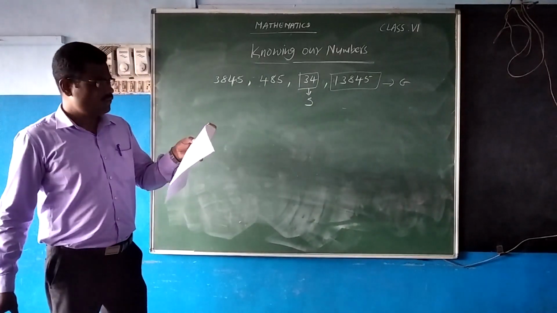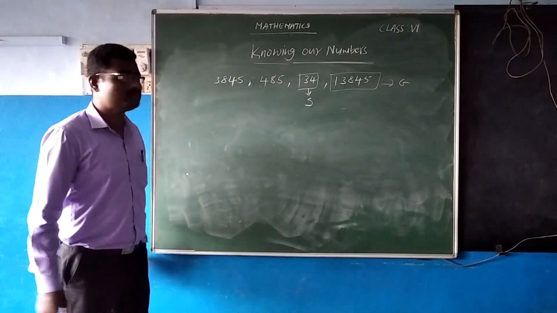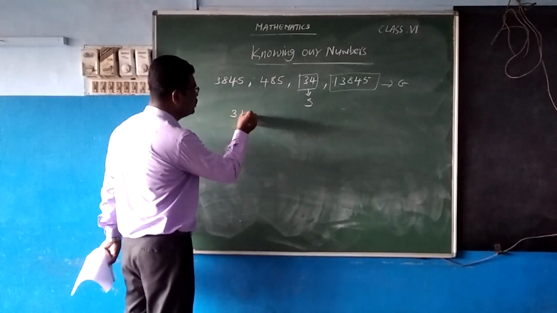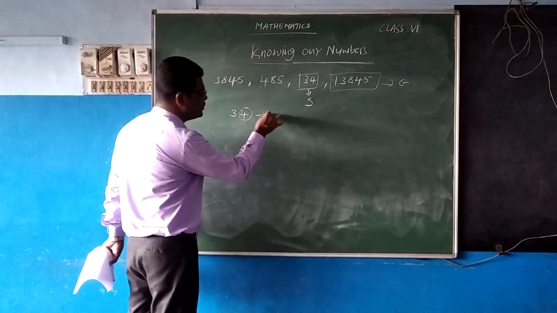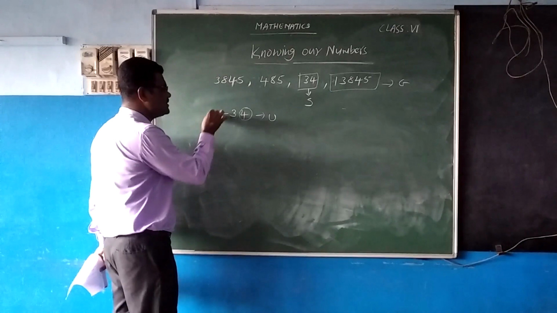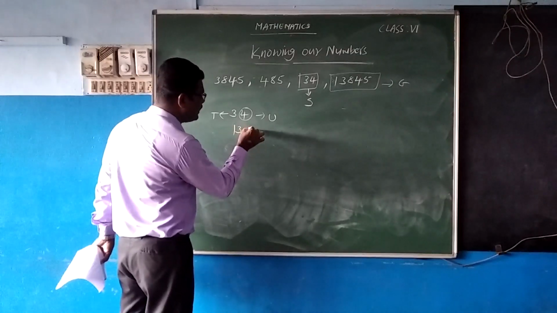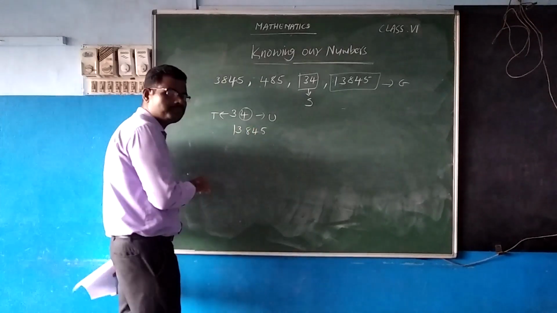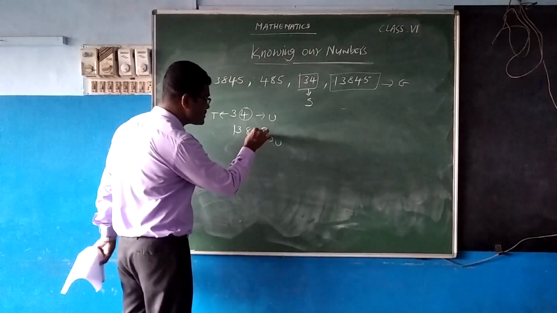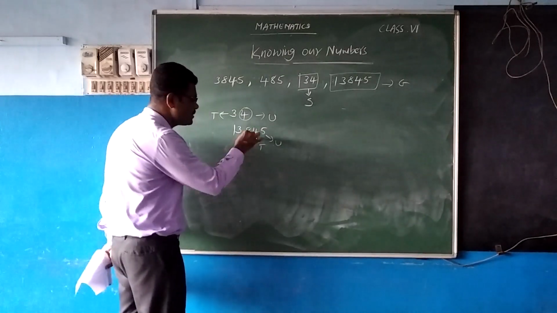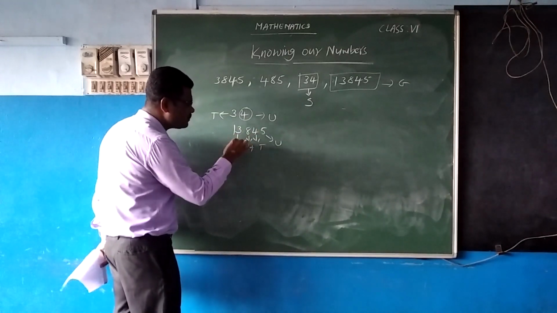So, what is the meaning of place values here? In 34, 4 is in which place? Unit place, whereas 3 is in tens place. In 13,845, 5 is in unit place, or it is also called ones place, then tens place, hundred place, thousand place.